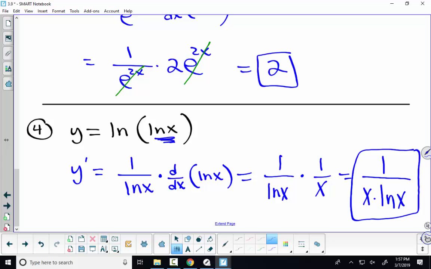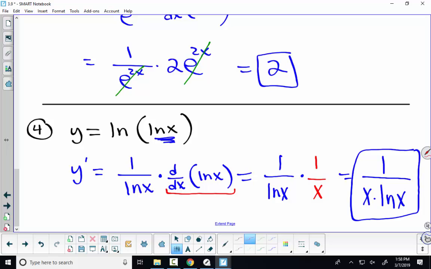Yeah, the derivative of this one here is the 1 over x. That's where we get that from. But the 1 over the natural log came from here because this was the natural log of the natural log, so we took 1 over the argument here.